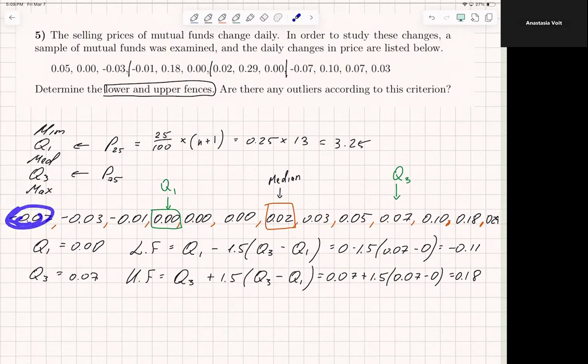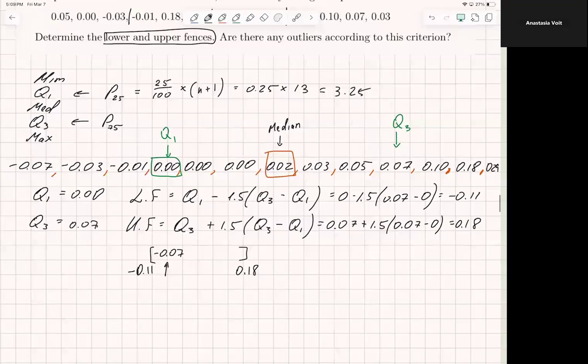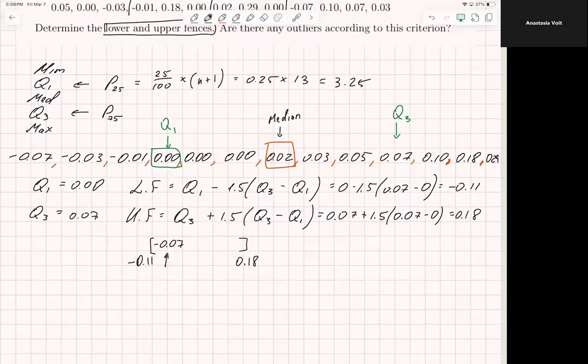It is within the fences, right? So if we were to draw those fences, we have negative 0.11 and 0.18. So the minimum value that we have is negative 0.07, which is inside of the fence. But the greatest values that we have are these two, right?